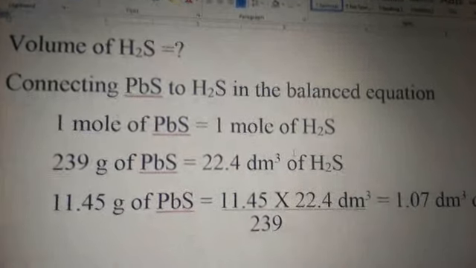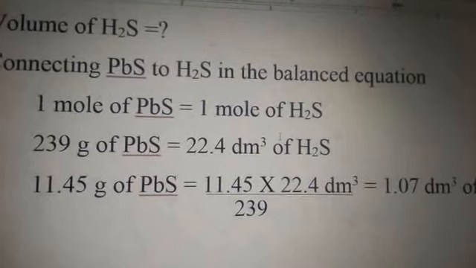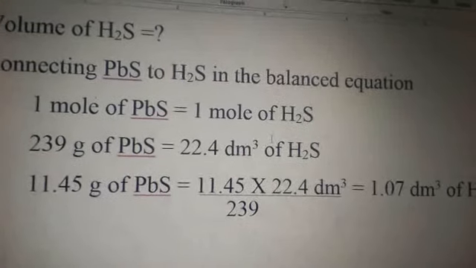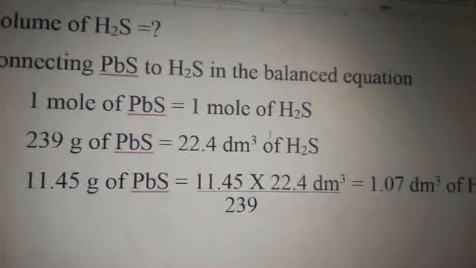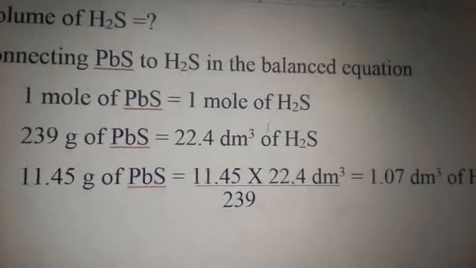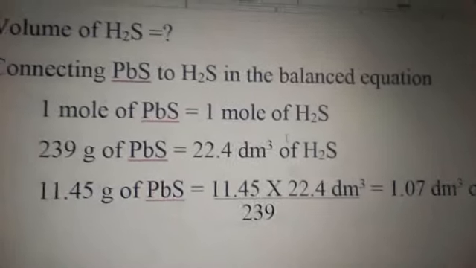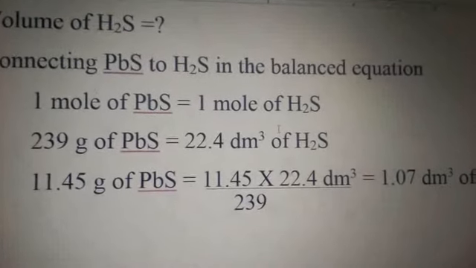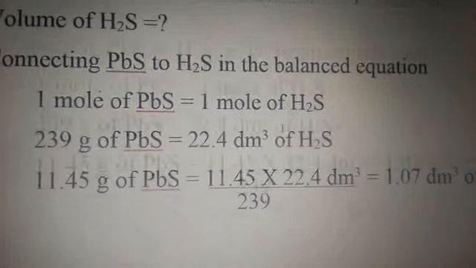Now we change 1 mole of hydrogen sulfide to the molar volume, since we're looking for volume: 22.4 dm cube of hydrogen sulfide. So 239 grams of lead sulfide is equivalent to 22.4 dm cube of hydrogen sulfide.